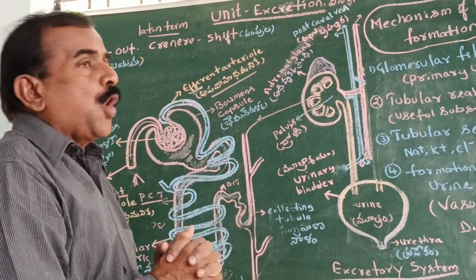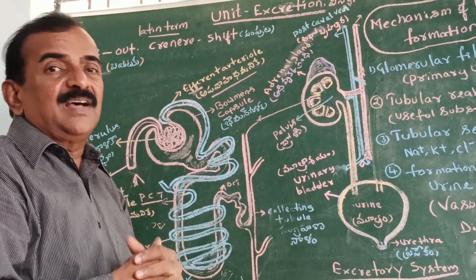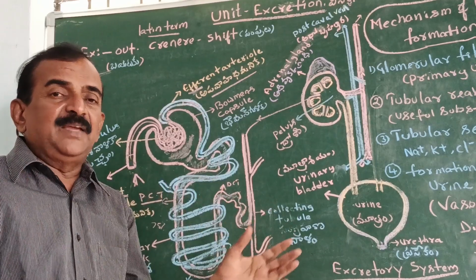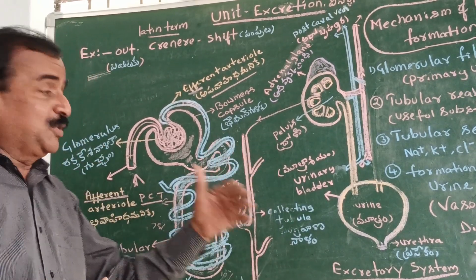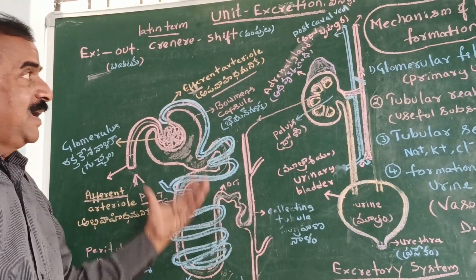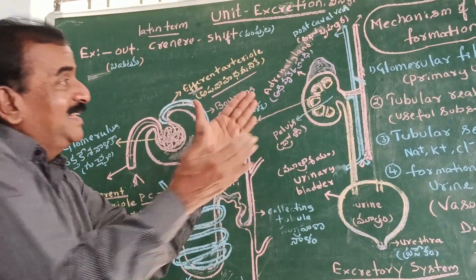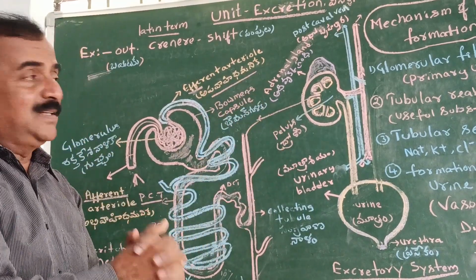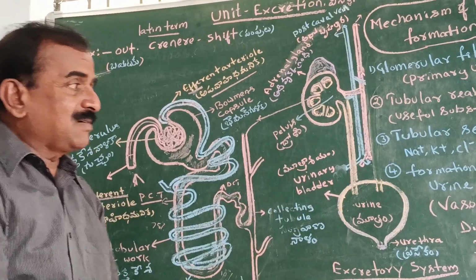So how many stages did we discuss? 4 stages are there. In examination you may be asked a question like this: describe or explain the mechanism of urine formation. At that time you need to draw this nephron diagram, and you need to write these steps, and explain glomerular filtration, tubular reabsorption, tubular secretion and formation of concentrated urine.